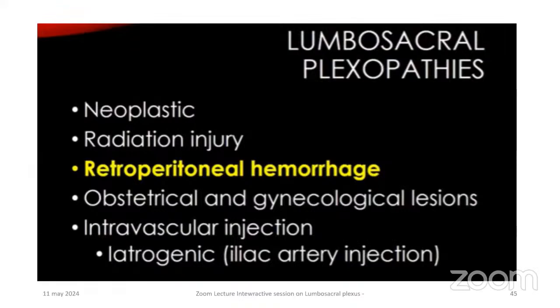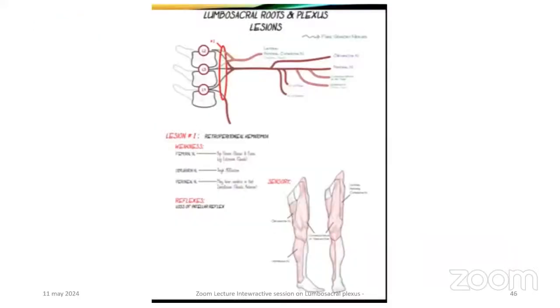Sometimes you get intravascular injections and also intramuscular injections in the buttock, which can cause vasospasm and retroperitoneal hemorrhage. A patient who is on heparin can develop retroperitoneal hemorrhage and develop lumbosacral plexopathies. So lumbosacral roots and plexus lesions, you can see, I'm not going to spend much time on this.